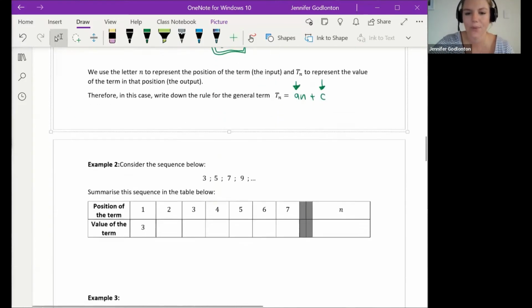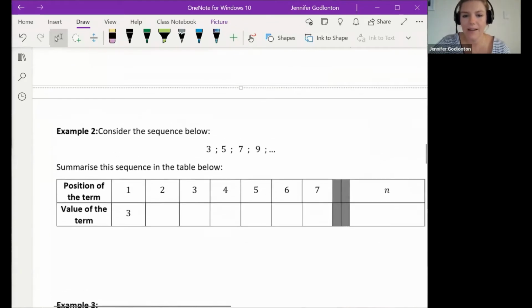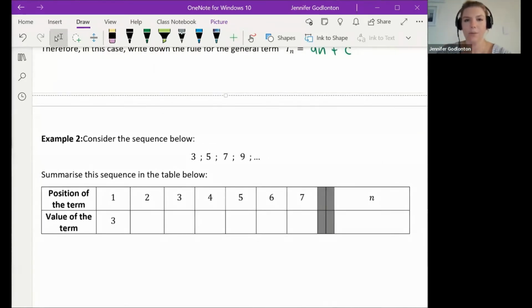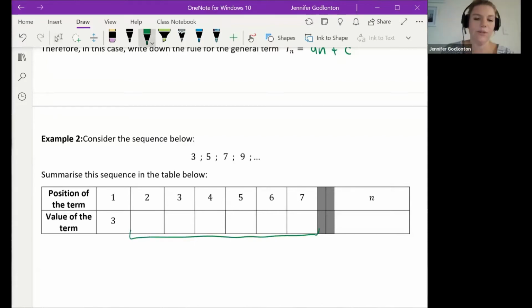All right. So for this one here, we've got this number sequence below. So we've got 3, 5, 7, 9. I've told you the first part here. So I said the position of the term, and then I've given you 3. I would like you all to fill in the rest of those numbers.